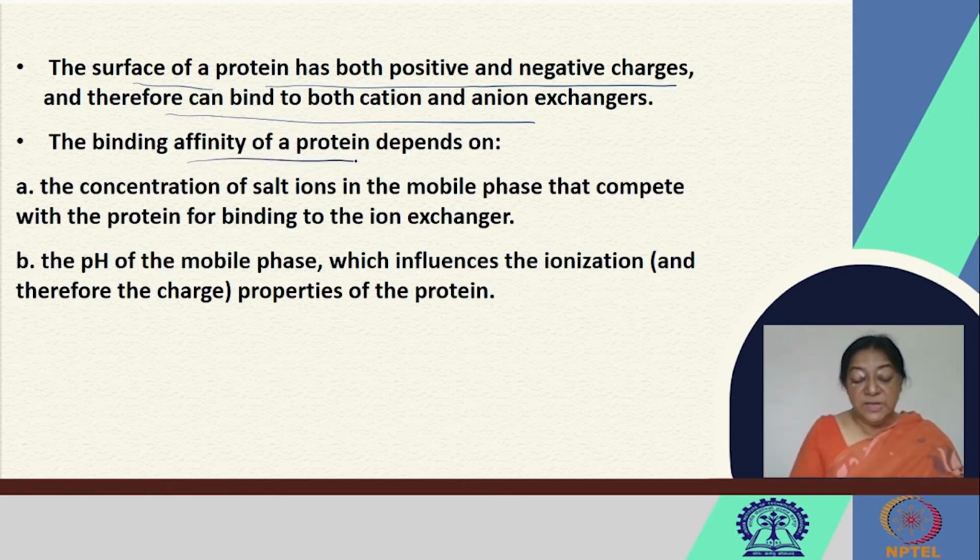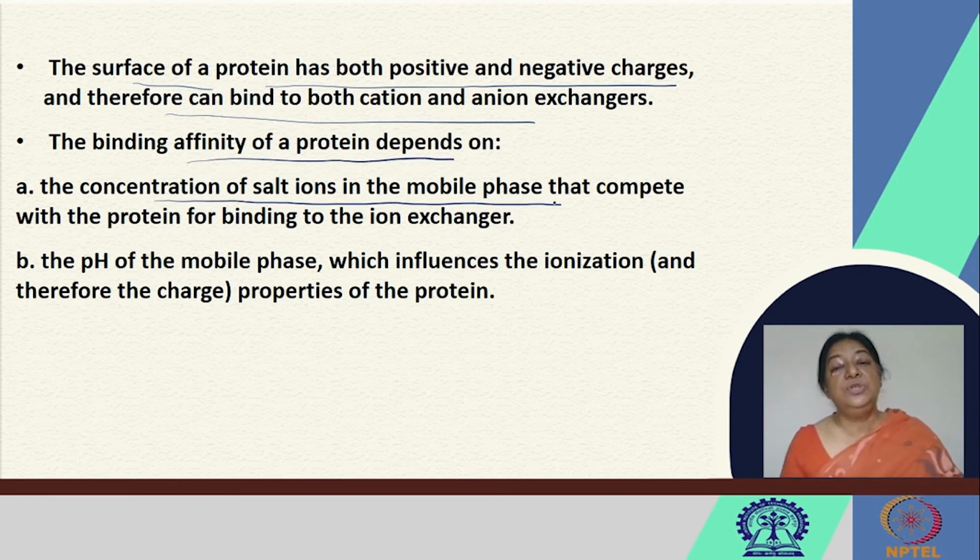The binding affinity of a protein will depend upon the concentration of the salt ions in the mobile phase that are going to compete with the protein for binding to the ion exchanger, and the pH of the mobile phase, which influences the ionization and is extremely important.